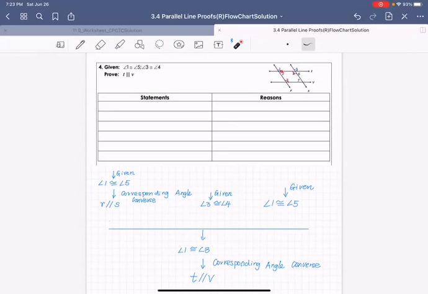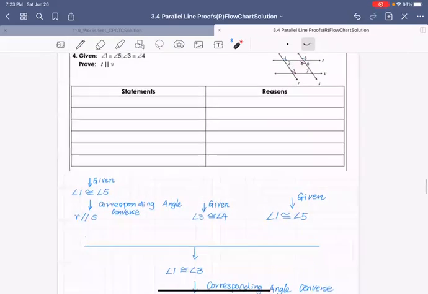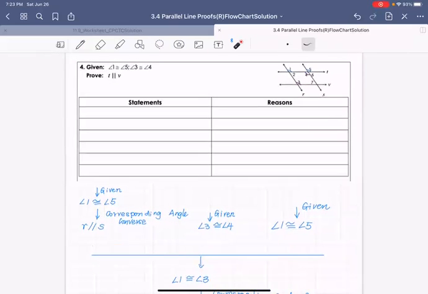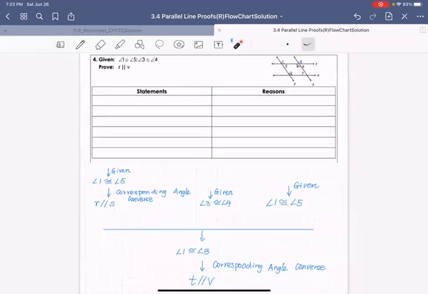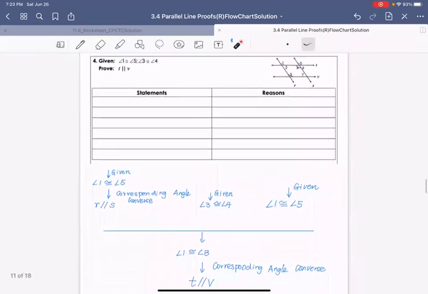So angle 1 is congruent to angle 3, right? Okay, hold on. Let me make sure. Angle 1 is congruent to angle 5 here. Angle 3 is congruent to, so T is parallel to V. We want to prove T is parallel to V. So we want to prove angle 1 is congruent to angle 3.